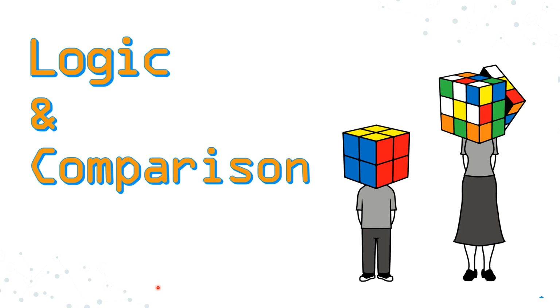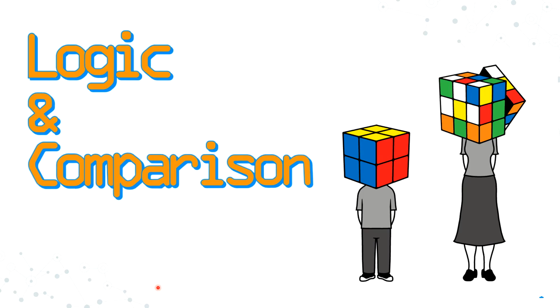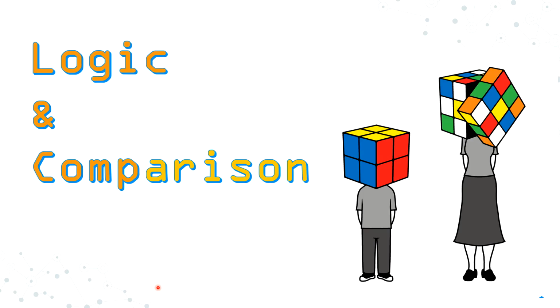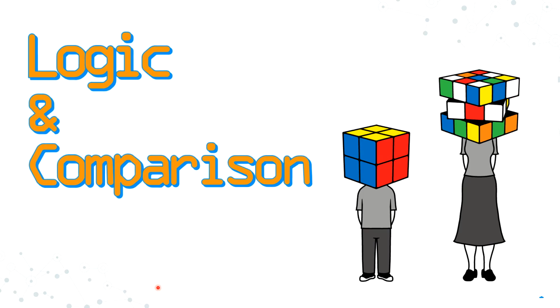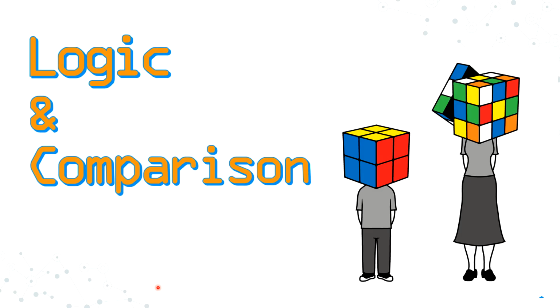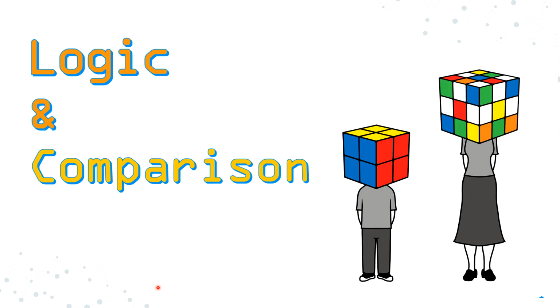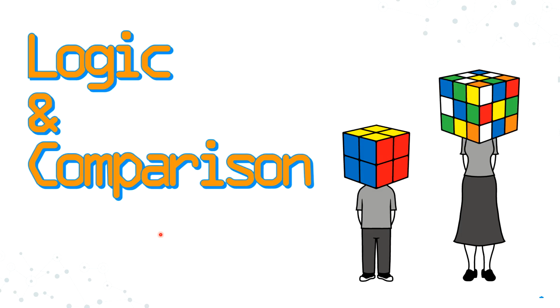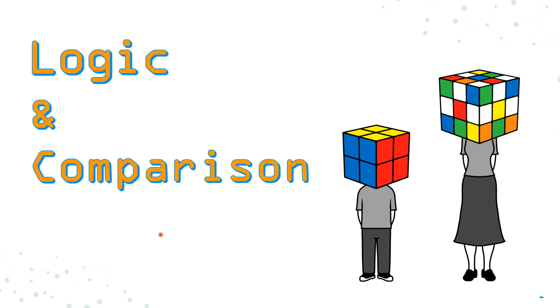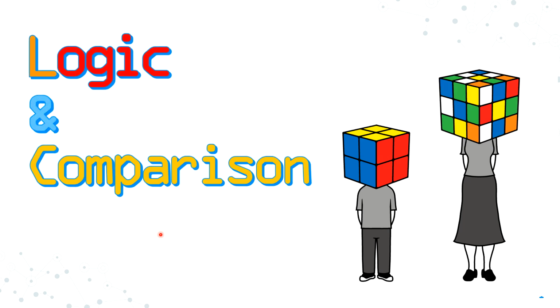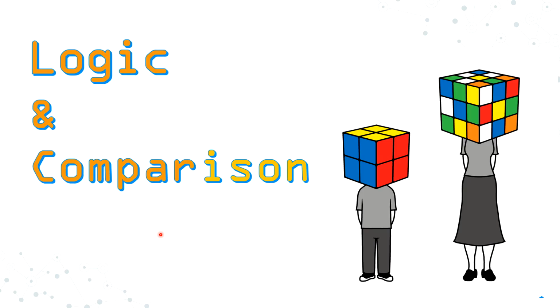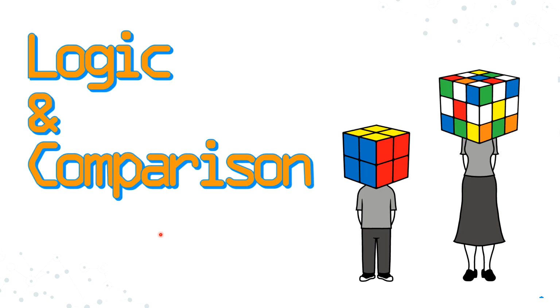Up until now, our programs have basically executed one line after another in a straight line. But what if we want our program to make a choice? What if we want it to do one thing if a condition is met and a completely different thing if it isn't?